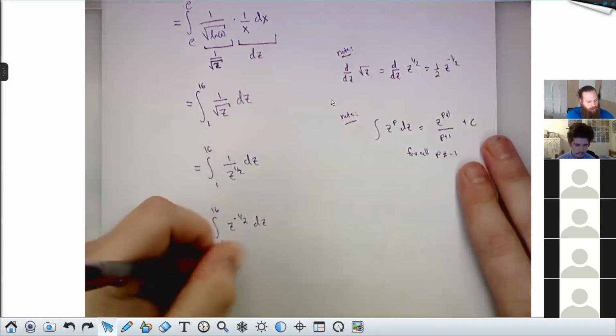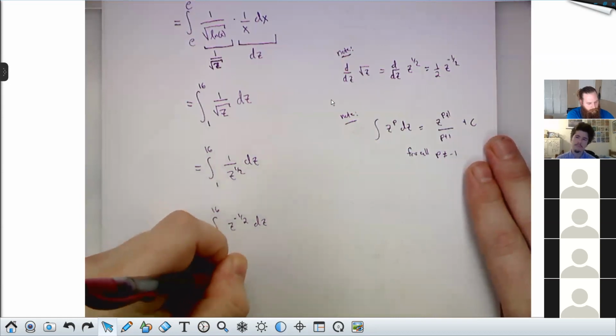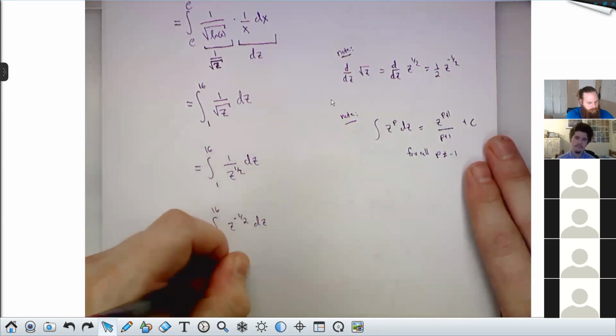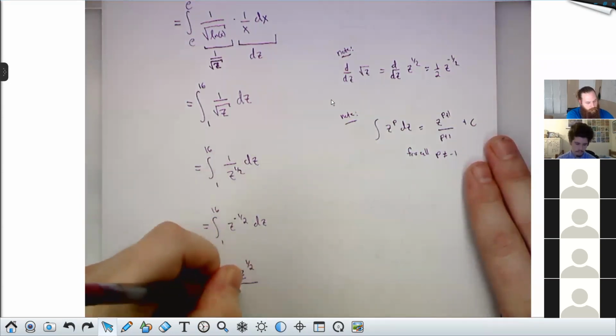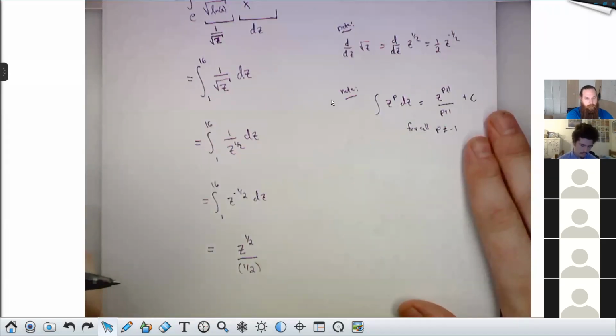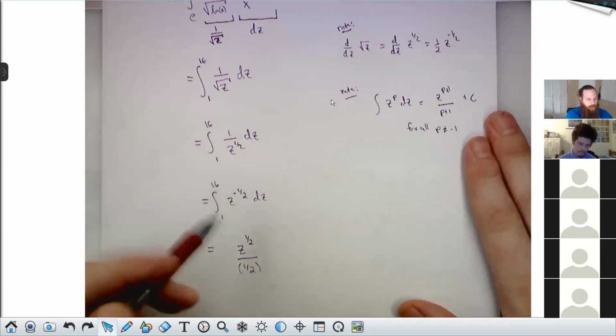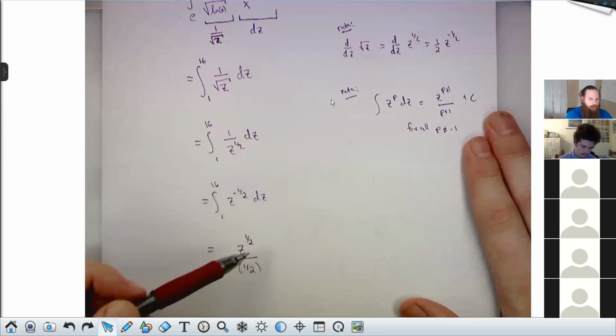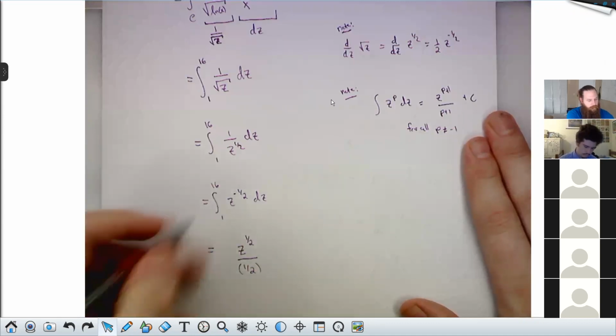So the antiderivative here is z to the negative 1/2 plus 1, which is positive 1/2, and then you divide by that new power. I add 1 to the power and then divide by the new power. When you add 1 to negative 1/2, you get positive 1/2.